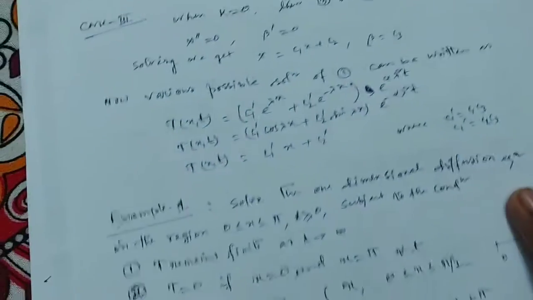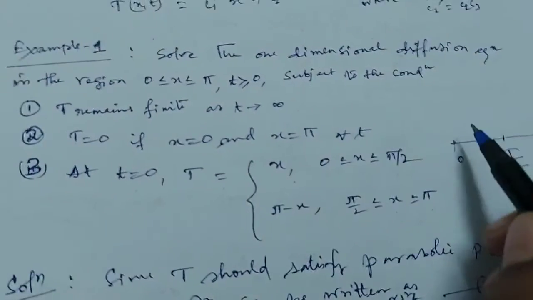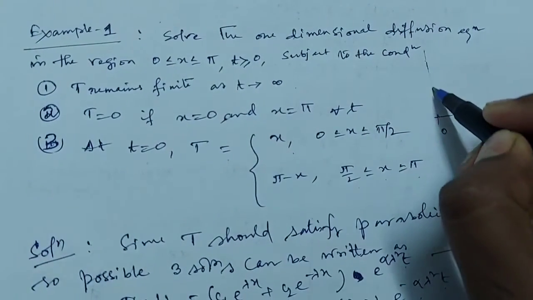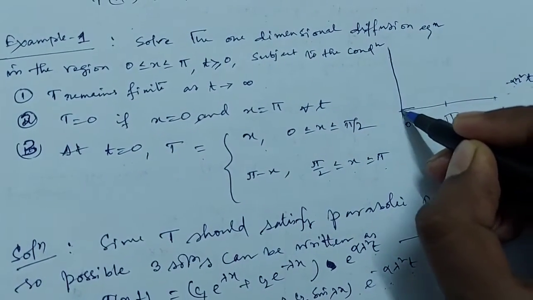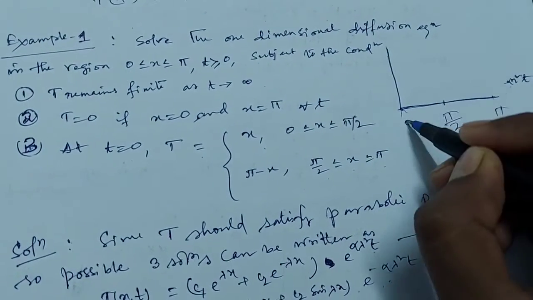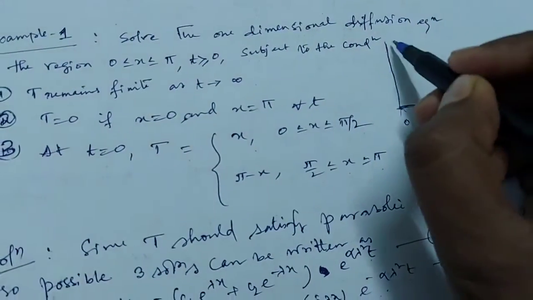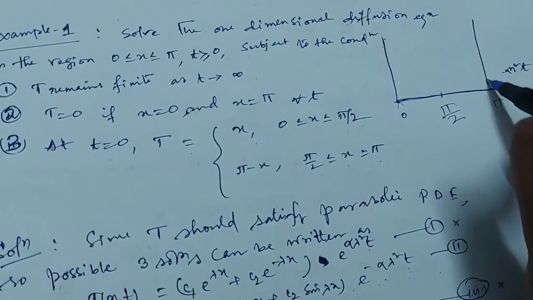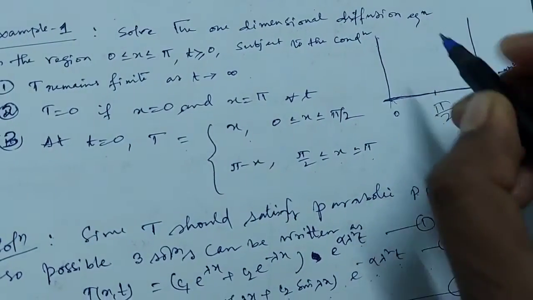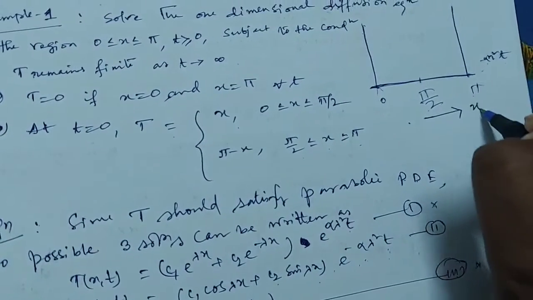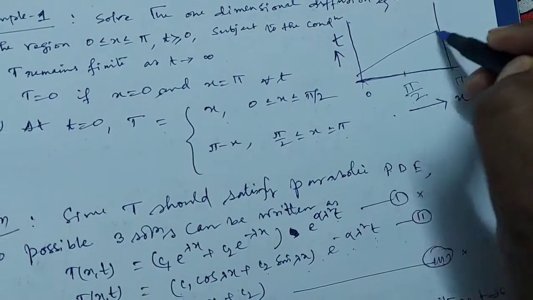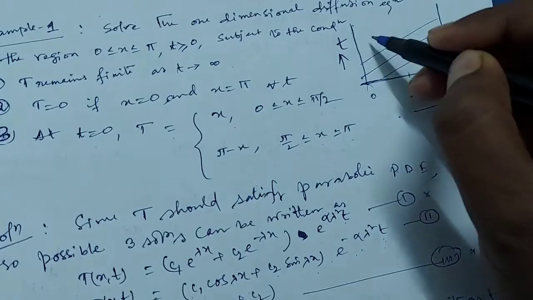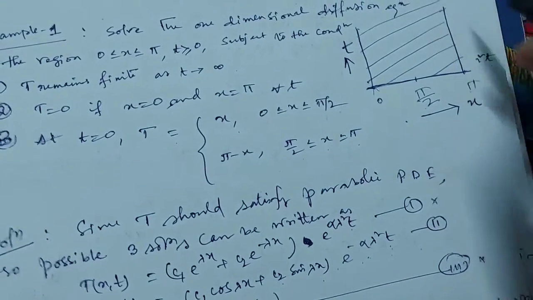So in this problem we have to solve in a domain. This is our domain: 0, pi by 2 and pi, with x in this direction and t in this direction.